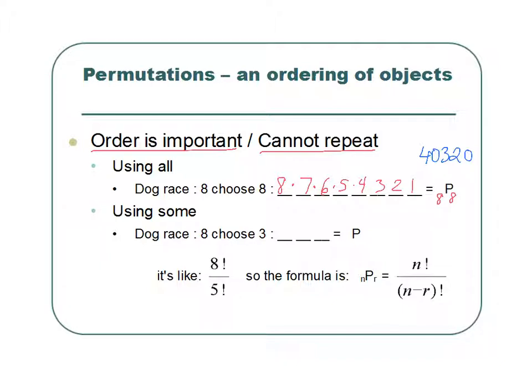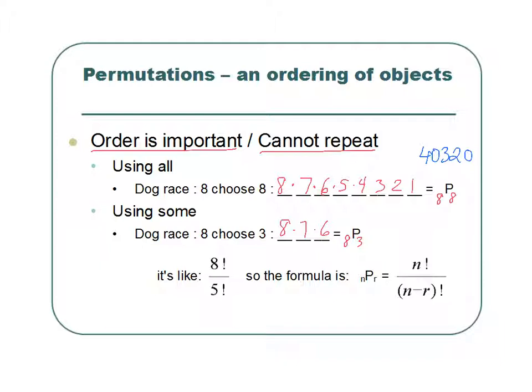Which is why there are other bets that aren't quite as impossible. What if you only had to pick the top 3 dogs? Well, there would be 8 options for my first dog, 7 options for the next, and then 6 for that third place dog. That would be written permutations of 8 items, and I'm just going to choose 3 of them.